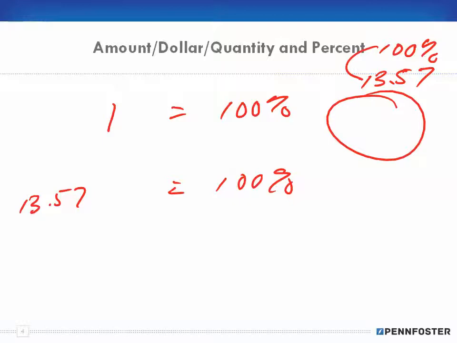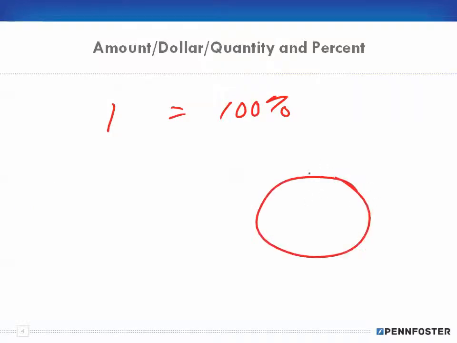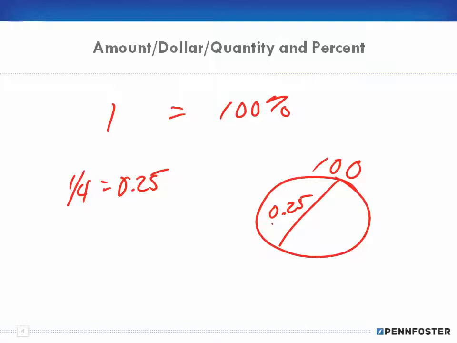Okay, and from that, I can divide something into whatever portion I want. And that's where, if I have a whole number of 1, well, what is a fraction? A fraction is a division of 1. So if I have 1/4, which is equal to 0.25 as a decimal, that means this portion is 0.25.